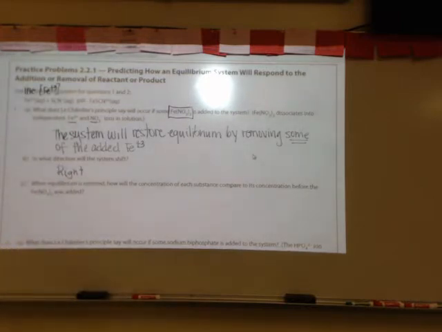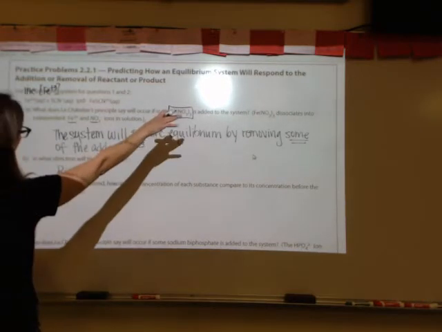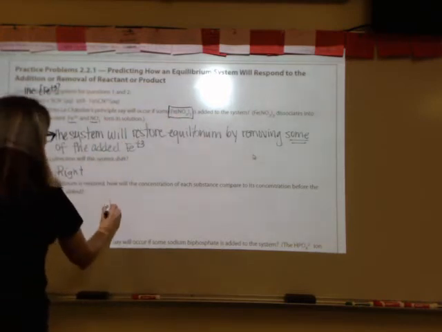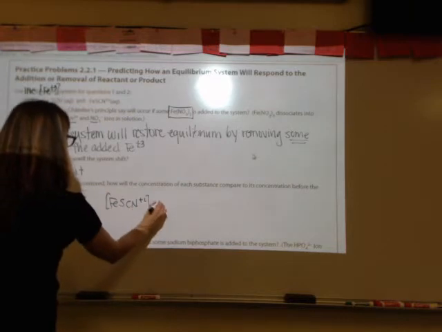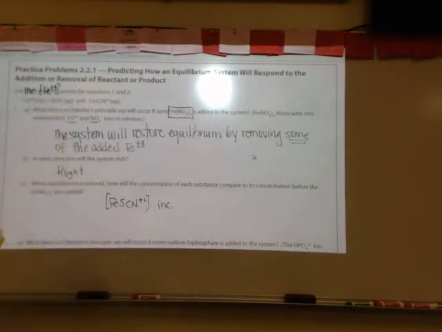When equilibrium is restored, how will the concentration of each substance compare to its concentration before the FeNO3 was added? If I'm shifting to the right, that means the concentration of FeSCN is going to increase.